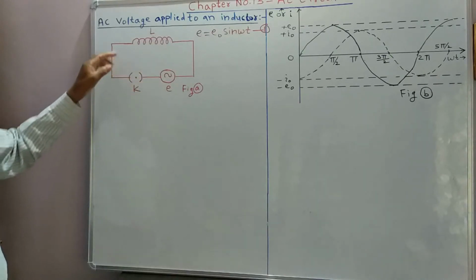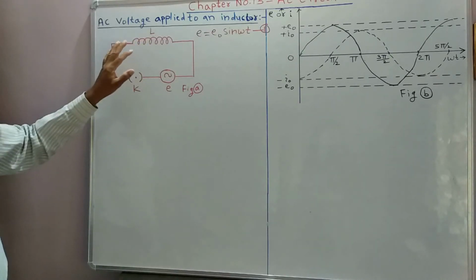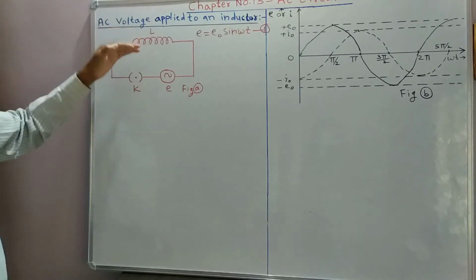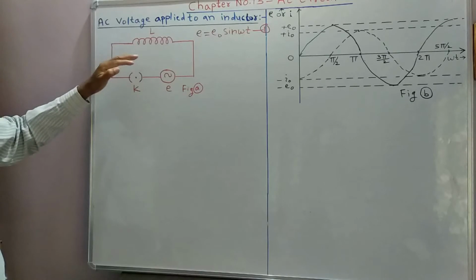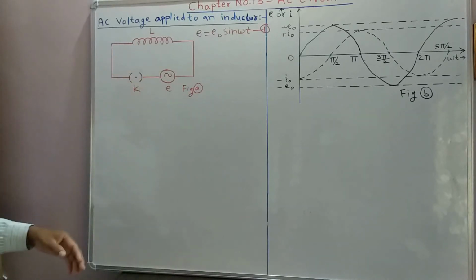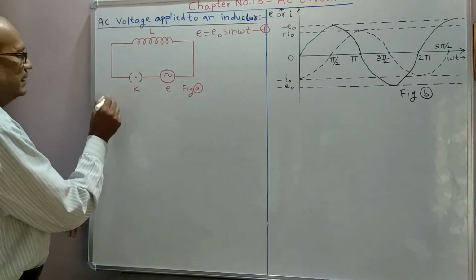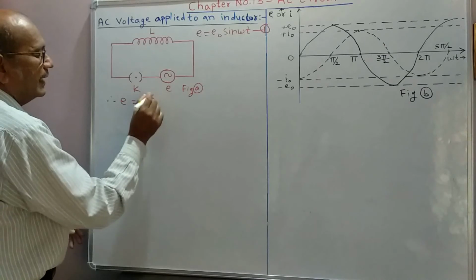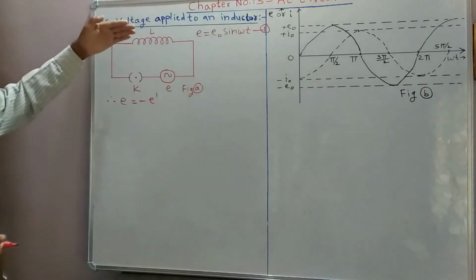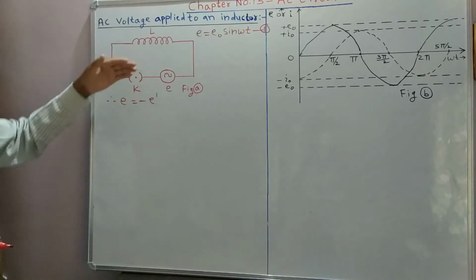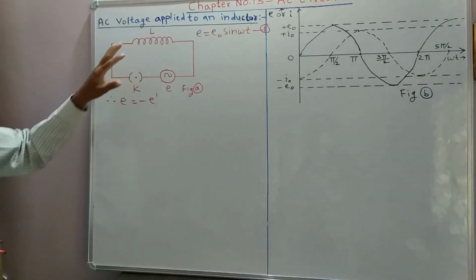To maintain current I in this inductive circuit, induced EMF E dash must be equal and opposite to applied EMF. Therefore, E is equal to minus E dash.